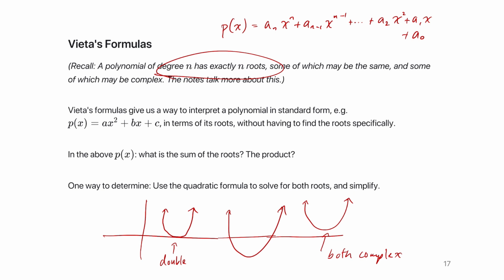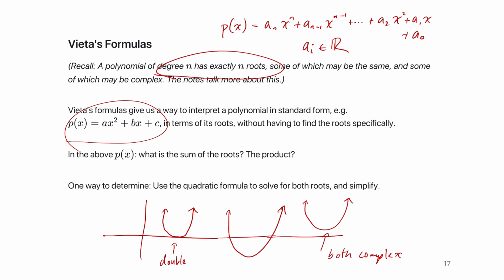The motivating question is, in the polynomial p of x equals ax squared plus bx plus c, where we're assuming all of the coefficients are real numbers, what is the sum of the roots and what is the product of the roots?